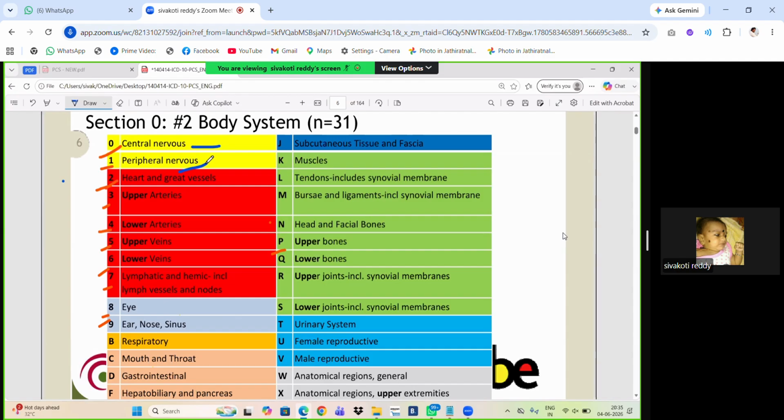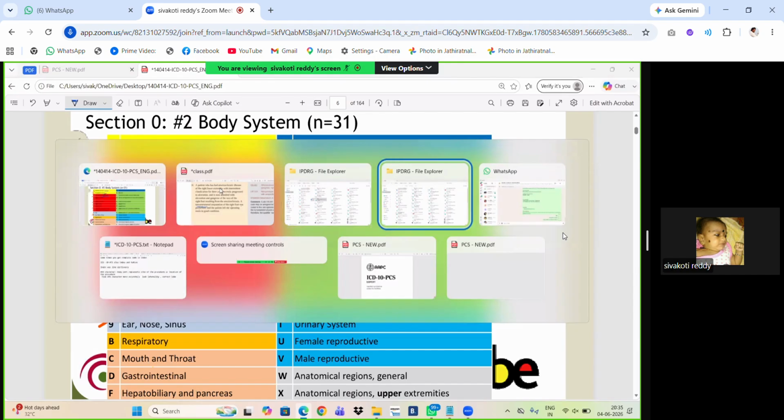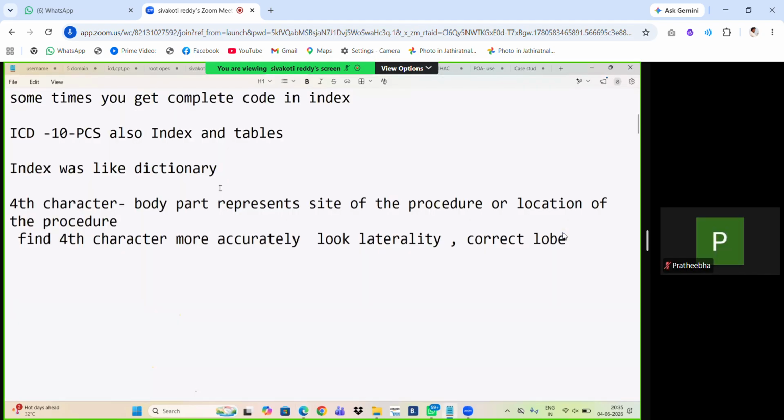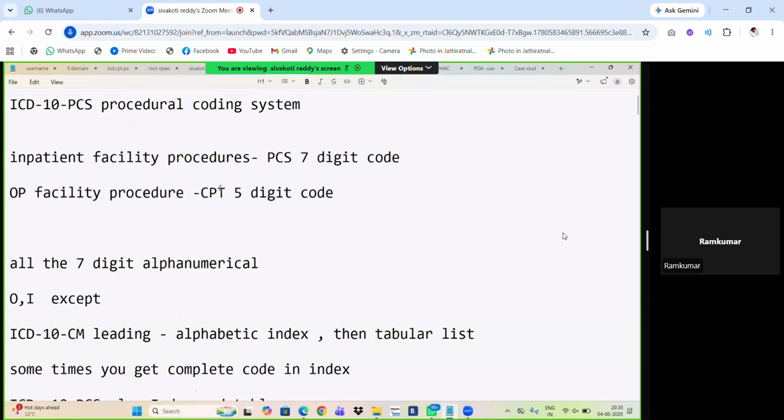Then heart and great vessels. Note down the great vessels. What are the great vessels you will get in the second character? Vena cavas: superior vena cava, SVC, and inferior vena cava.